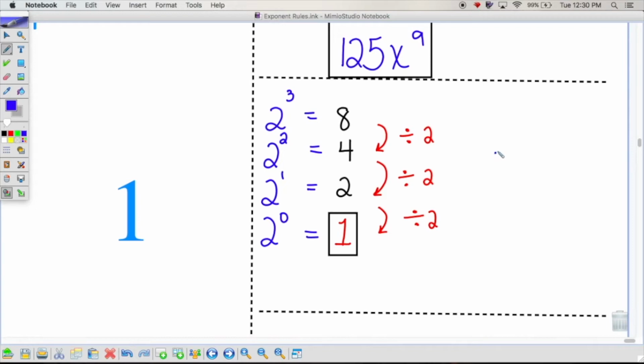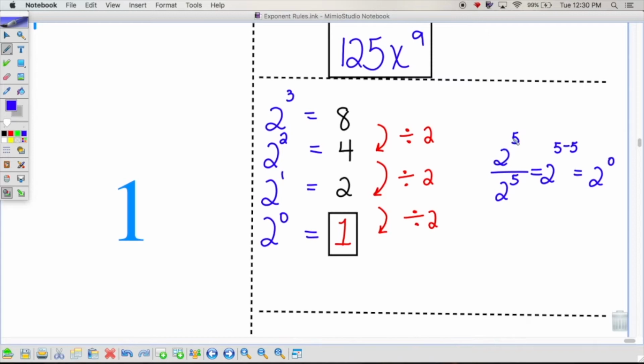Let's say I had something like 2 to the 5th power divided by 2 to the 5th power. What is the shortcut that I would do with my exponents when I am dividing with the same base? I subtract them. That would be 2 to the 0 power. Okay?